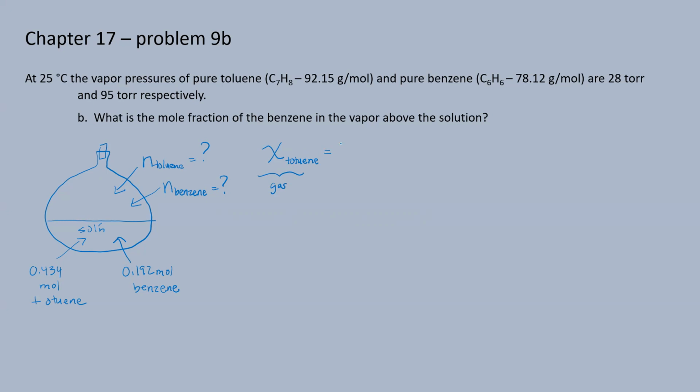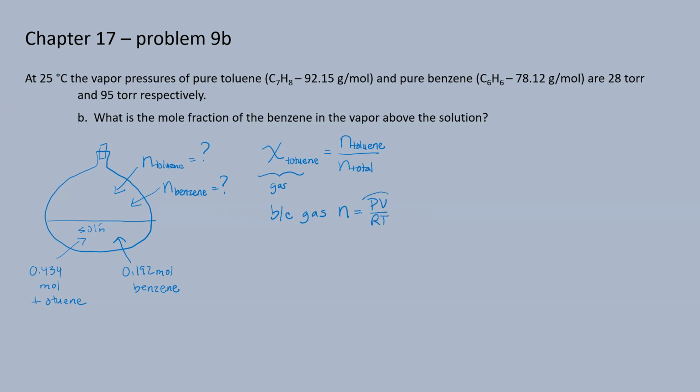Mole fraction is going to be the moles of the toluene over the total moles. Well, we don't know any of those, but we do know that it's a gas. So because it's a gas, moles is PV over RT.